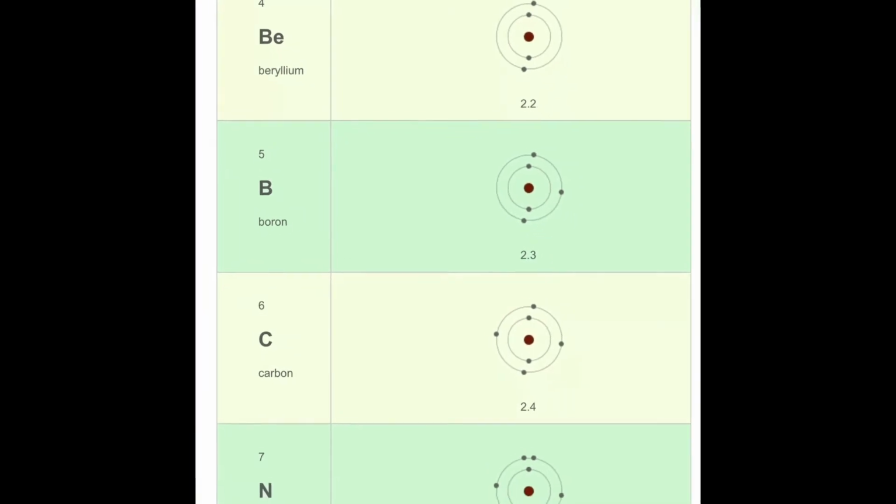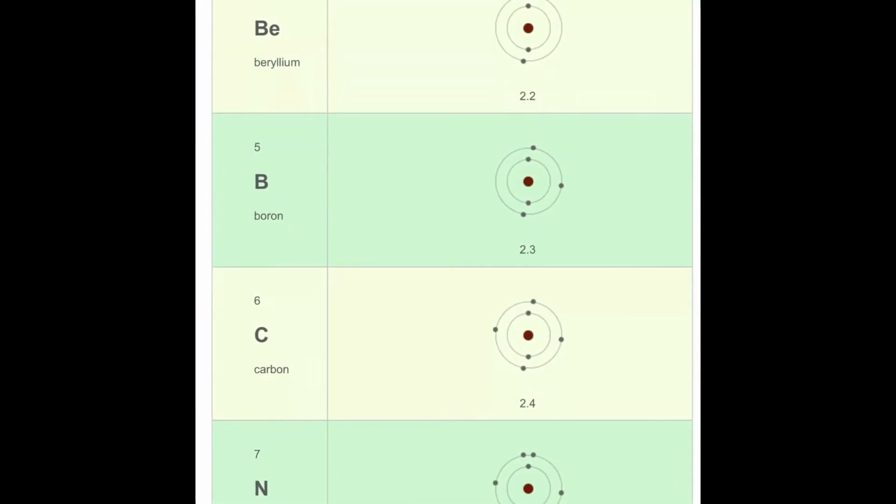So I'm just going to put these on the screen here, and you can hopefully see the same rule applies for all of these. Beryllium, which is this Be number 4 at the top, has 2 electrons on the first shell on the inside, but then the remaining 2 have to go on the next circle around, further out from the nucleus, and so we get 4 in total.